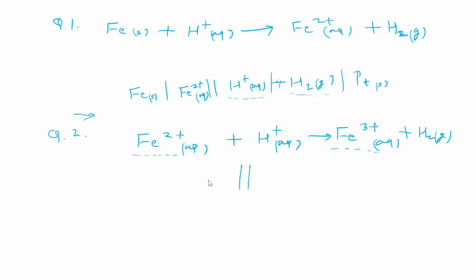We will write Fe3+, and then to the left hand side we write Fe2+. Actually, the sequence doesn't matter, do remember. You can mention Fe2+ aqueous on the left hand side or the right hand side. From the left hand side of this salt bridge you can mention them in any sequence, both are correct. Either you can write Fe3+ here and Fe2+ here, both are correct.